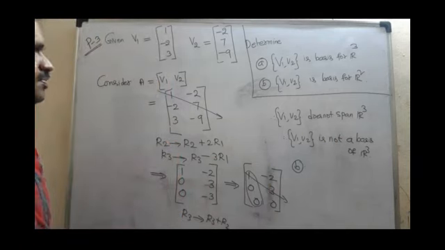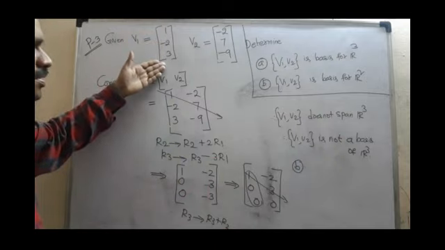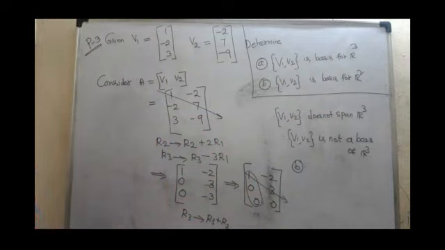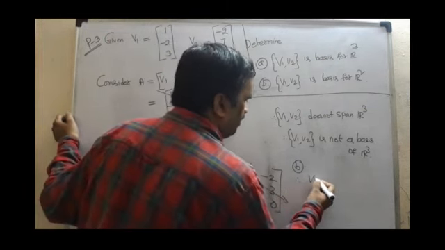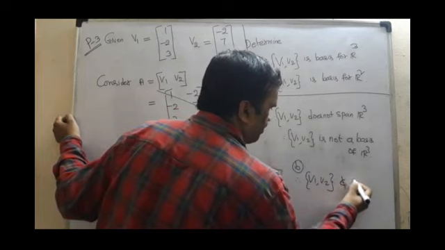And similarly, here we have three elements, 1, minus 2, 3, but the question is asking for R square, which is 2 dimensional, but we have 3 dimensional vectors. So therefore for the second one, v1 v2 does not belong to R square.